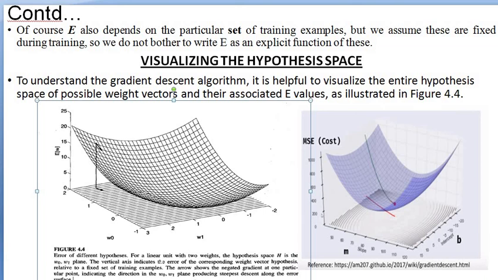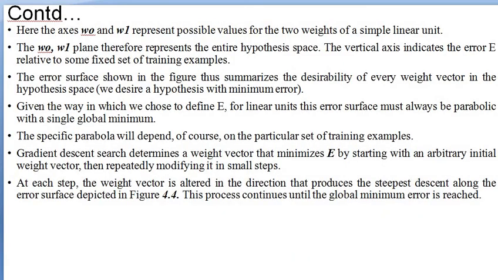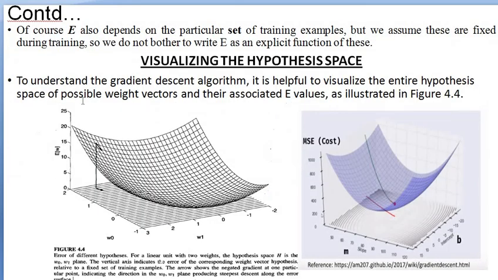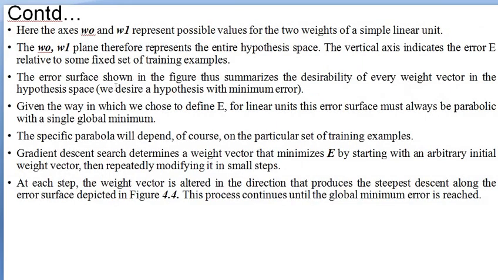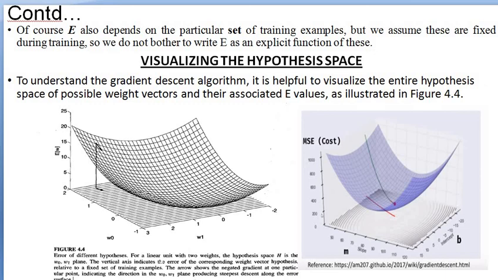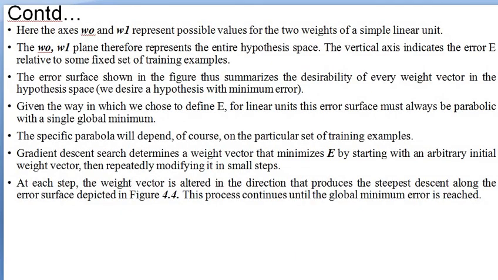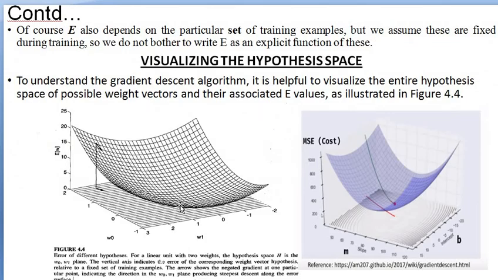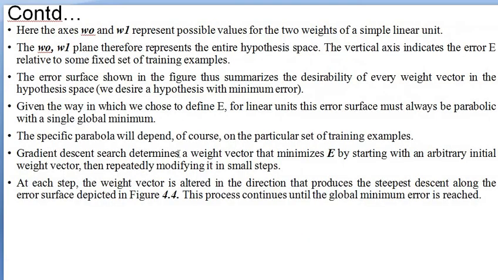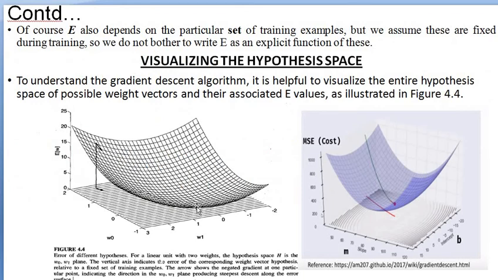So, the axes W0 and W1 represent the two weight values, and E(W) represents the error. This is a specific parabolic shape. Somewhere at a point we will get the E value equal to 0 or nearly equal to 0, and that is what will be searched by our gradient descent algorithm.